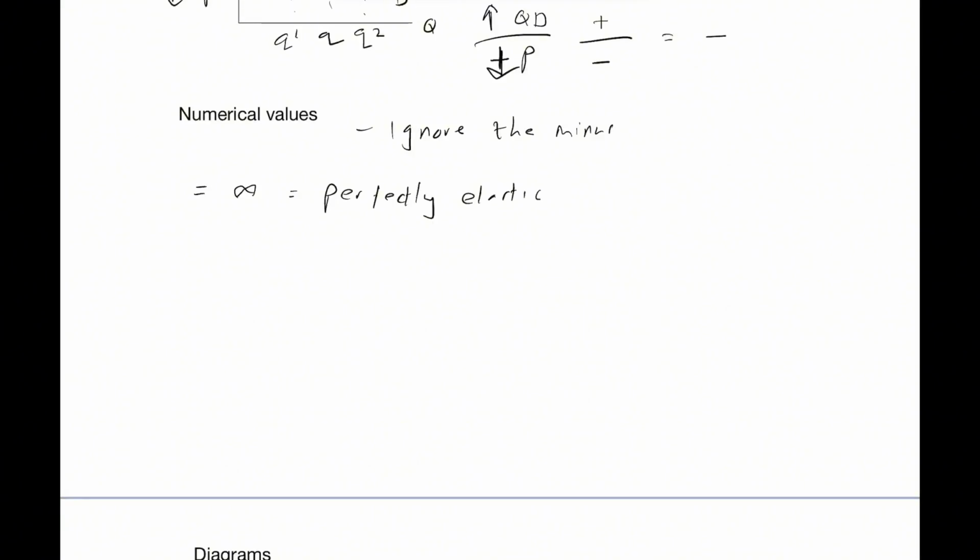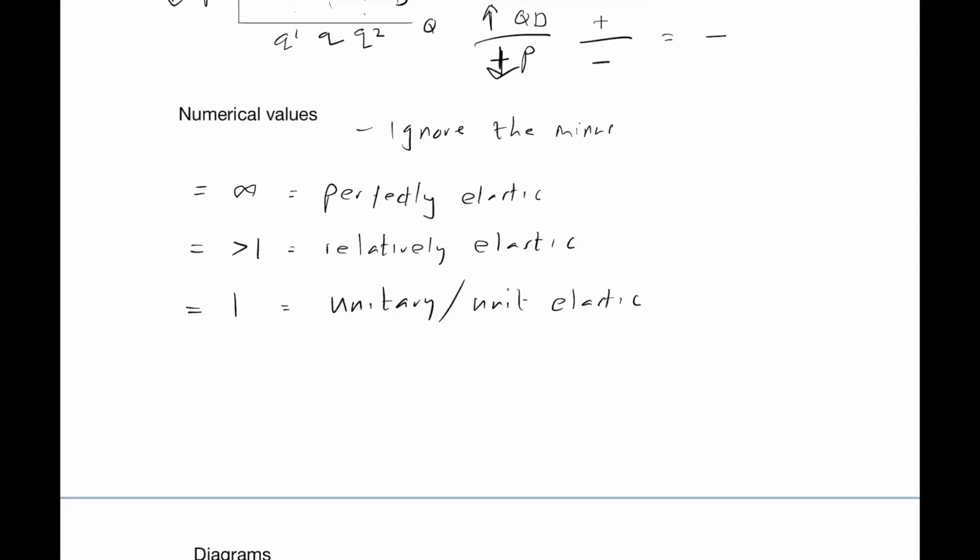If the answer is a number that is greater than 1, then the elasticity of the product will be relatively elastic. If the answer is equal to 1, then it would be unitary or unit elastic.